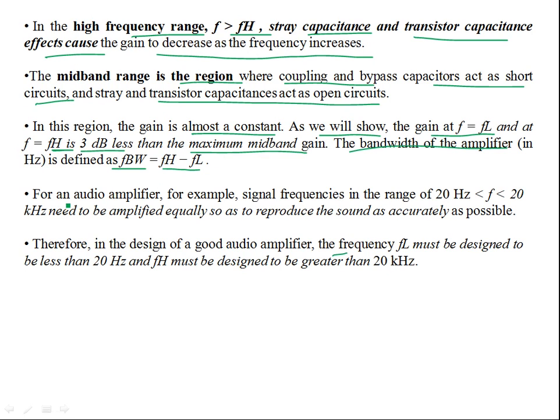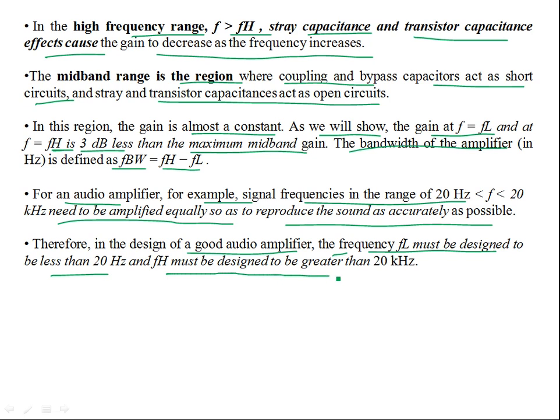For an audio amplifier, the signal frequencies are in the range of 20 hertz to 20 kilohertz, and they need to be amplified equally so as to reproduce the sound as accurately as possible. So you have to design the audio amplifier such that FL is less than 20 hertz and FH is greater than 20 kilohertz.